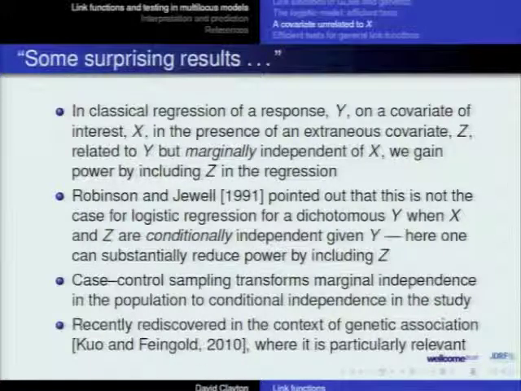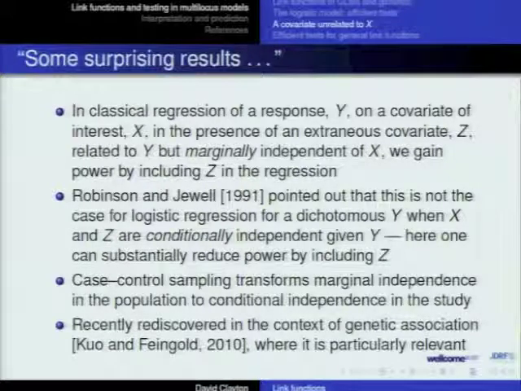So if, for example, Z represents a stratification on one set of loci in the genome, and X is a SNP somewhere else entirely in the genome, it's an entirely reasonable assumption that X is independent of Z in the population, so it will be independent of Z in controls.